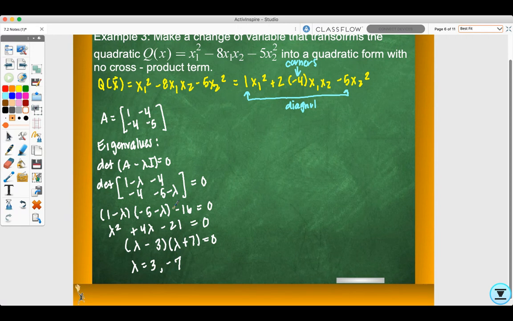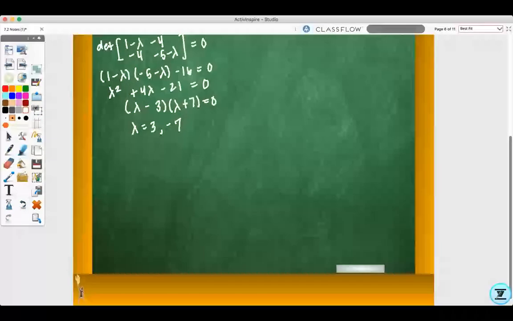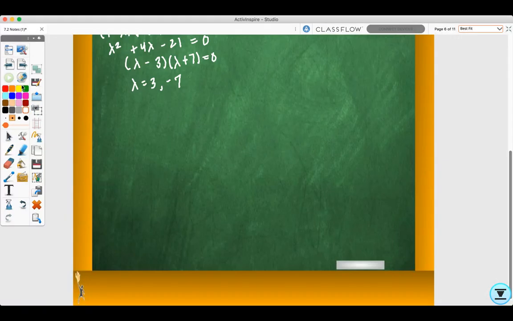So now we need to find the basis for lambda equals 3 and lambda equals negative 7, then normalize those vectors. So we're going to start with lambda equals 3, and that's when we're going to solve A minus 3I times x equals 0.